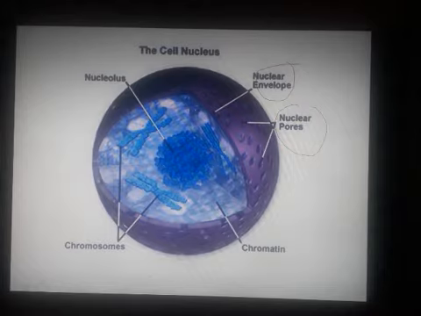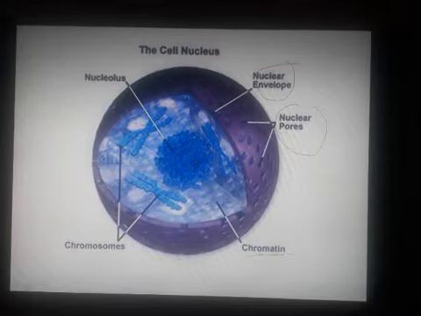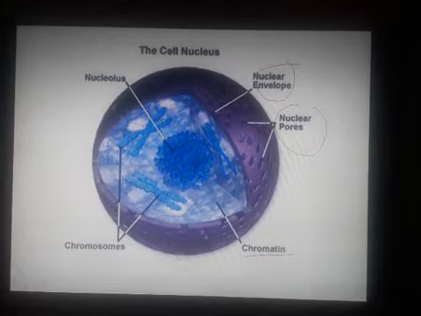In the middle of the nucleus you have the nucleolus, and ribosomes are formed here. The thread-like structures are known as chromatin, and they contain single DNA molecules. DNA is deoxyribonucleic acid, and it contains all genes. When chromatin condenses, it forms this type of structure, which is nothing but chromosomes.